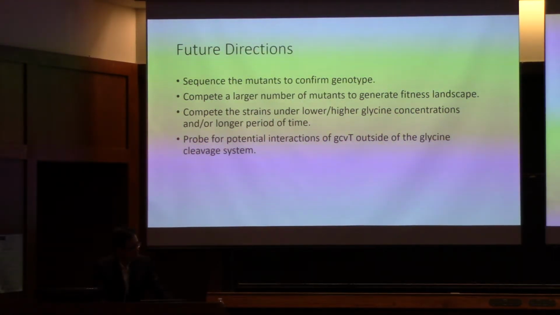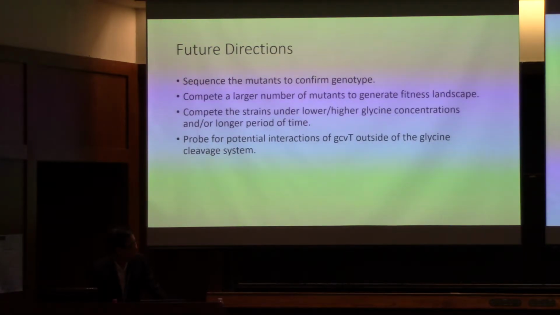I would also like to compete the strains under lower or higher glycine concentration and for a longer period of time, because glycine in high concentration is toxic, but I would like to put a value to how much that affects the fitness of the cells.